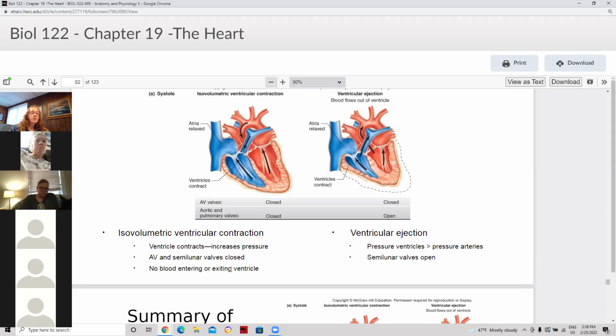And there's no blood entering or exiting the ventricles. Then the pressure in the ventricles exceeds that of the arteries, and the semilunar valves open, allowing the ventricles to eject the blood.